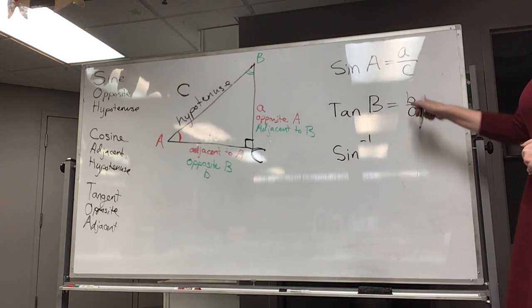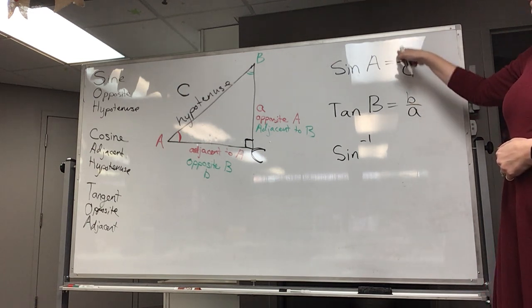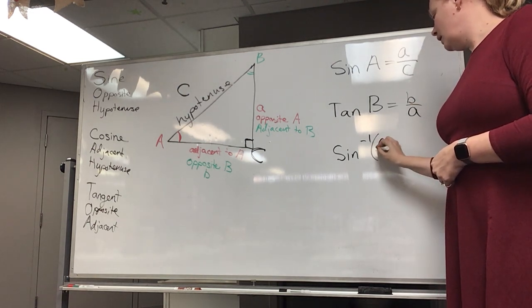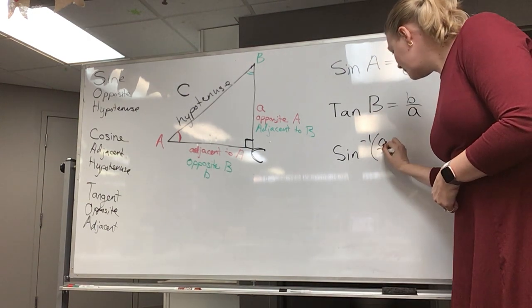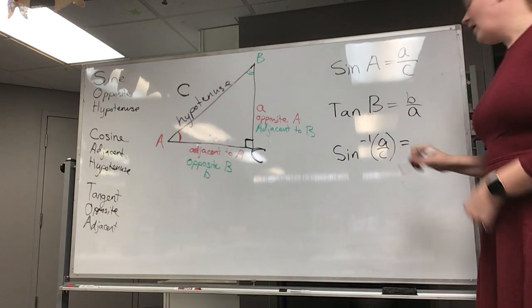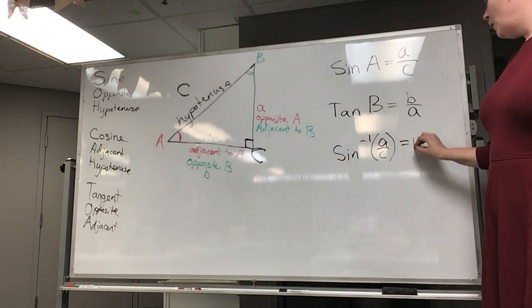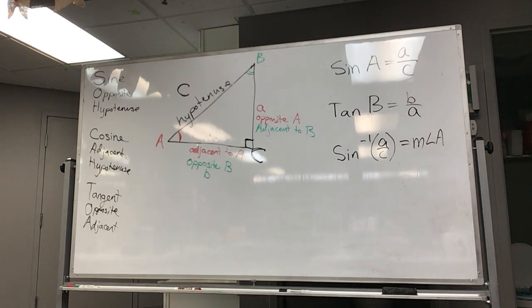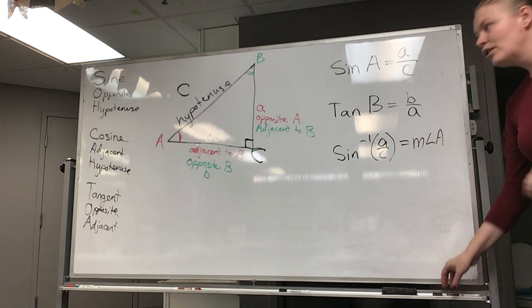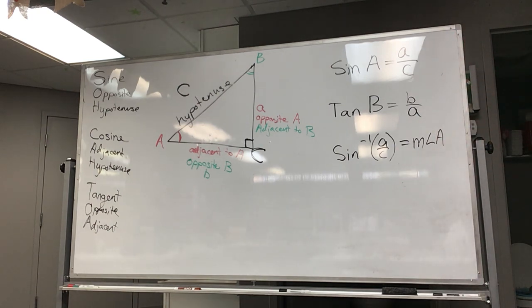If we do the sine inverse of this A over C, C, not B, the calculator would spit out the angle measure of A. And again, that's why we switched into degrees. We want it to give us degrees rather than radians. We don't have a whole lot of numbers right now, so we're going to do that in a second. But this is just the background, what those pieces mean.